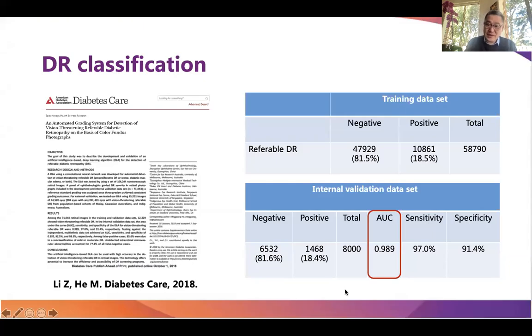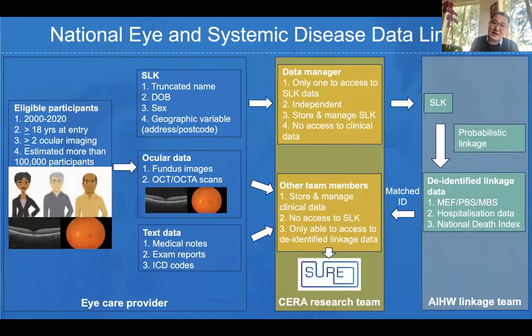In Australia, we also run a data linkage project, where we identified patients from clinical settings, for example, an eye hospital, from 2000 to 2020. This is a historic group of patients.